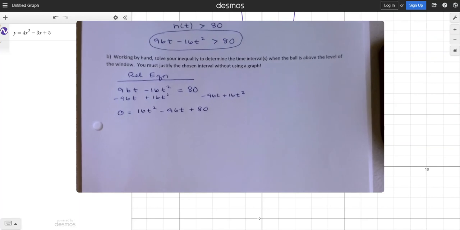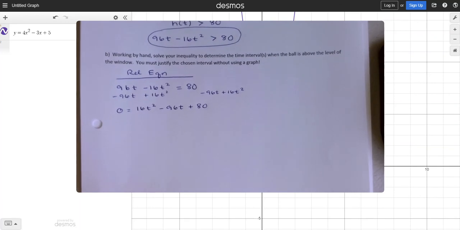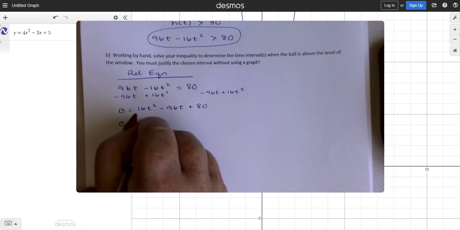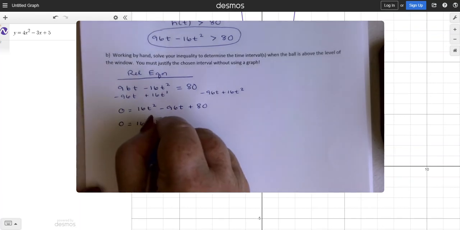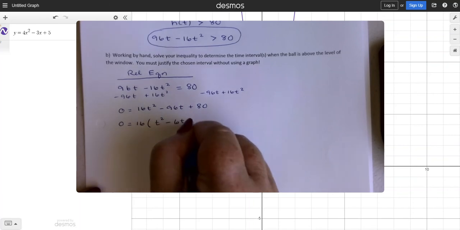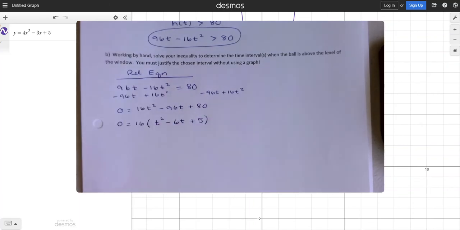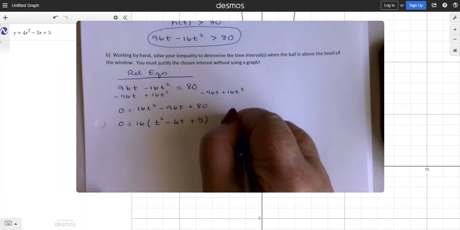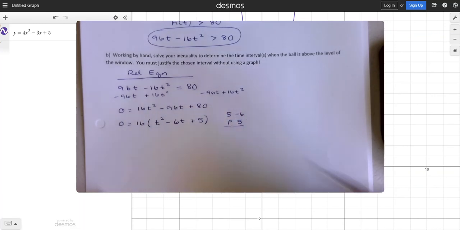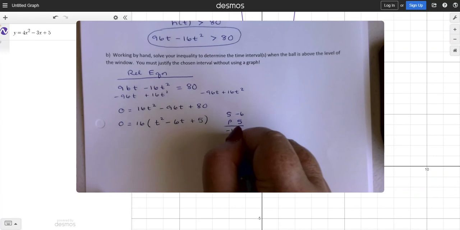All right, I believe these numbers were probably somewhat artificially chosen to all be divisible by 16. So let's factor out a 16. That's t squared minus 6t plus 5. And this time, I'm thinking that probably does factor: sum of negative 6, product of 5, negative 1 and negative 5.